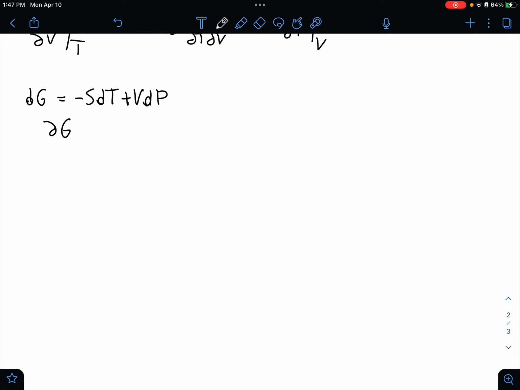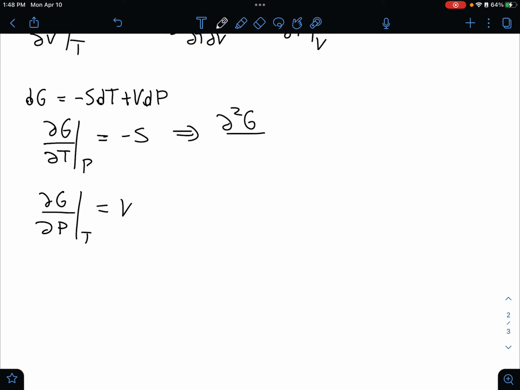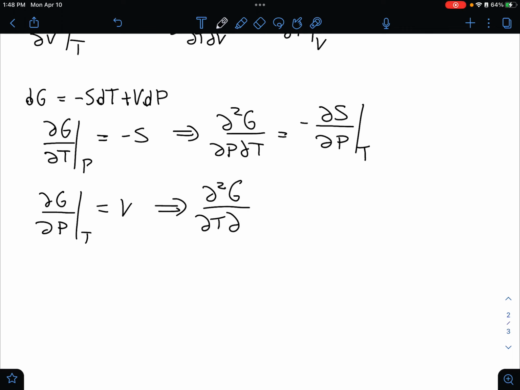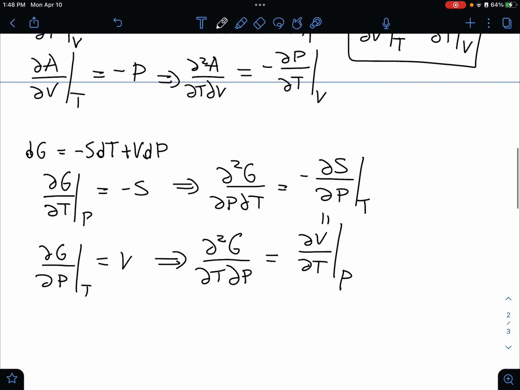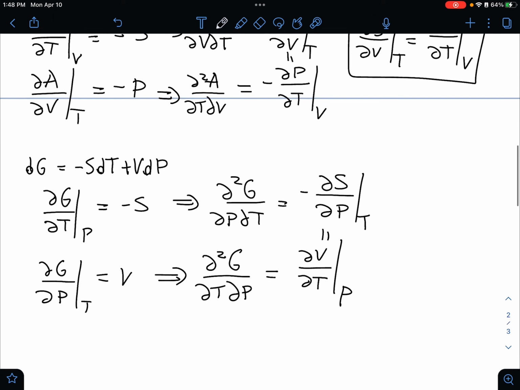So then dG dT at constant P is minus S. dG dP at constant T is going to equal V. Therefore, d squared G dP dT equals minus dS dP at constant T, and this should be the same as d squared G dT dP, which would equal dV dT at constant P. Right, these are equal.